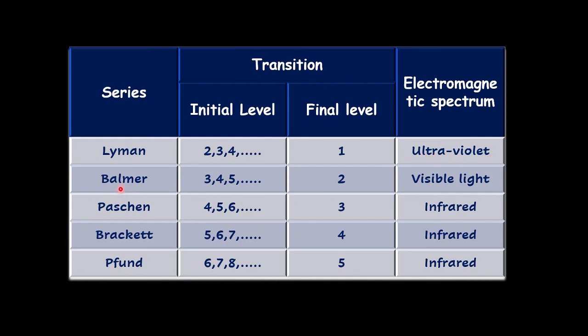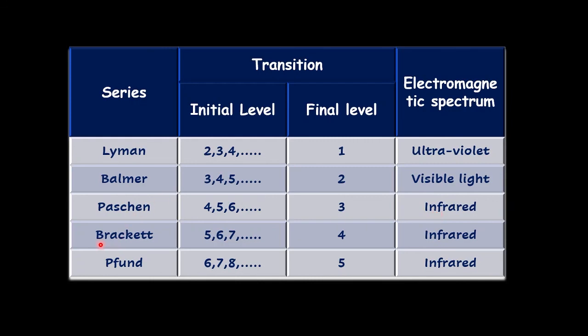For the Balmer series, the final state is 2, the first excited state, so it will emit visible light. For the Paschen series, the final state is 3, so the emission of photons is infrared.